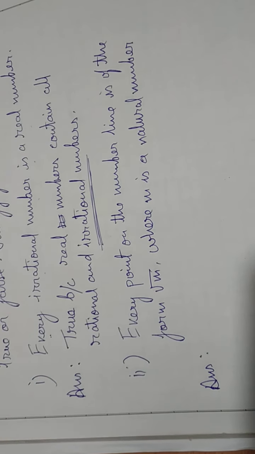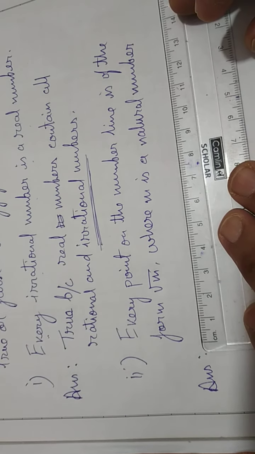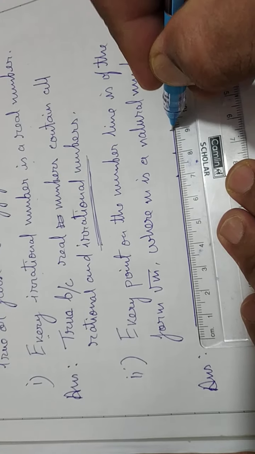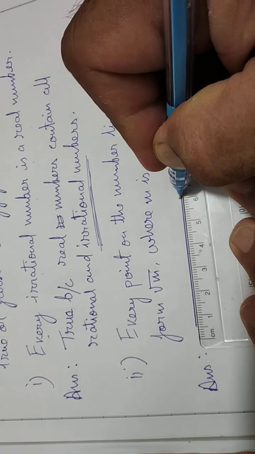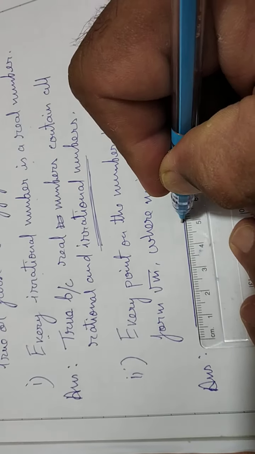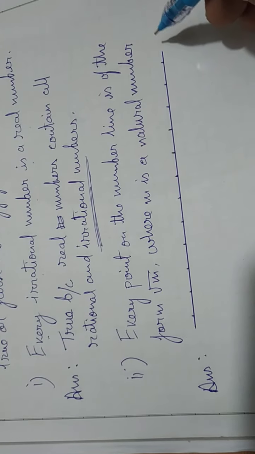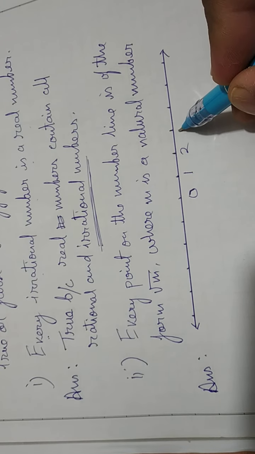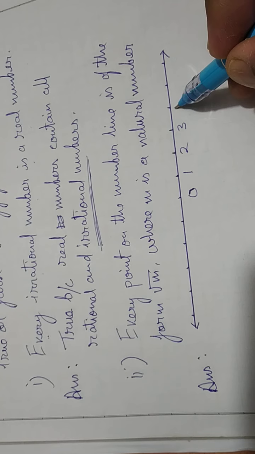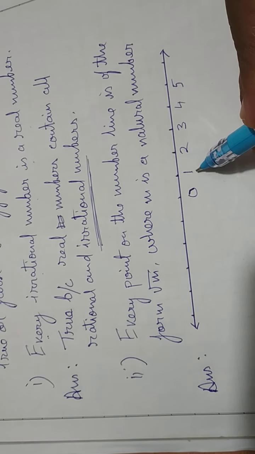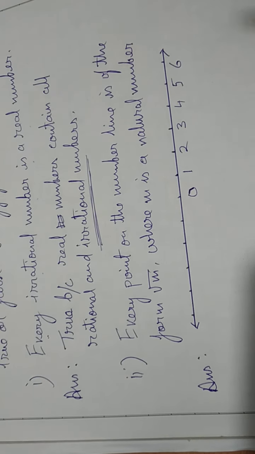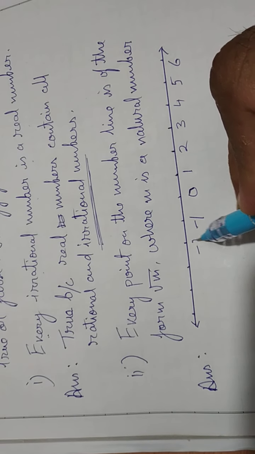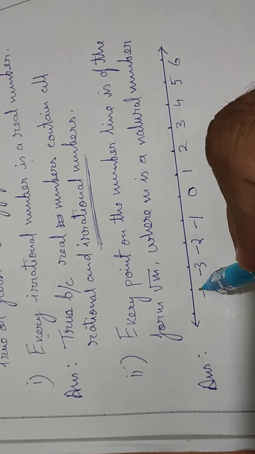Now look at the number line. A number line has positive numbers on the right side of 0, like 1, 2, 3, 4, 5, 6 and so on, and on the left side of 0 it has negative integers, -1, -2, -3, -4, -5.